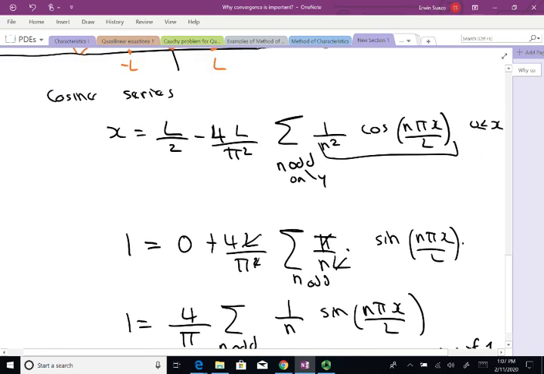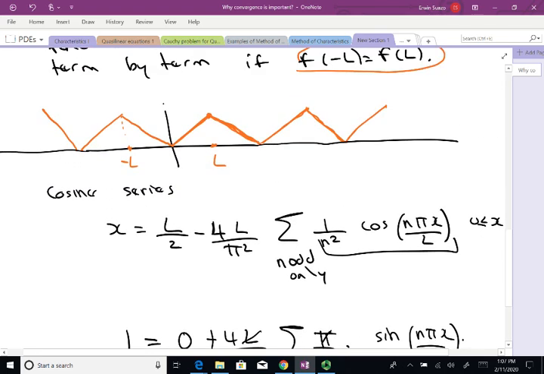But look at the amazing thing, okay, guys? At this point, you should be proud of yourselves for choosing to take this class. What do you think is the derivative of these guys? This is x, so what is the derivative of this line? It's 1, right? This is minus x. What is the derivative of this guy? It's minus 1, right?